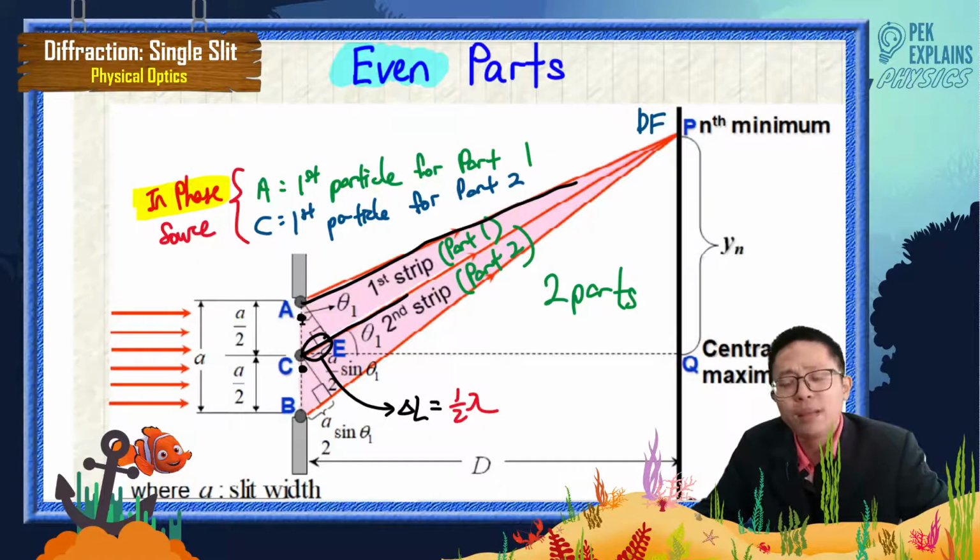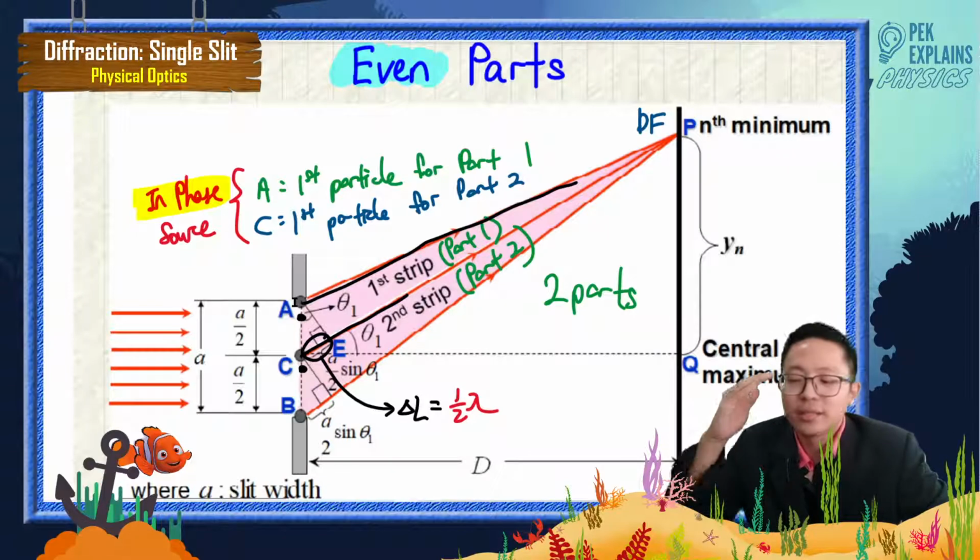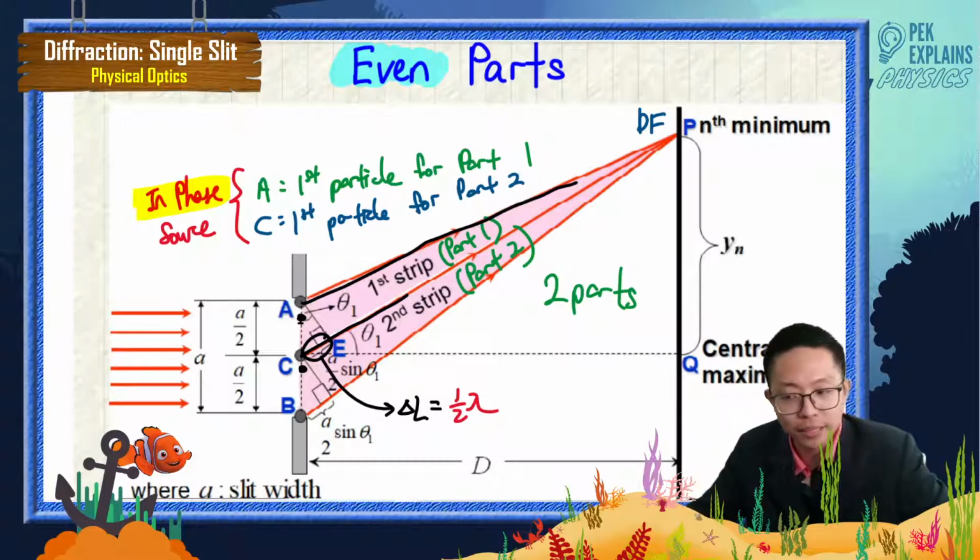Okay? So what about the delta L between the second particle of part 1 and the second particle of part 2? The delta L for the first particle in part 1 and the first particle for part 2 is half lambda.